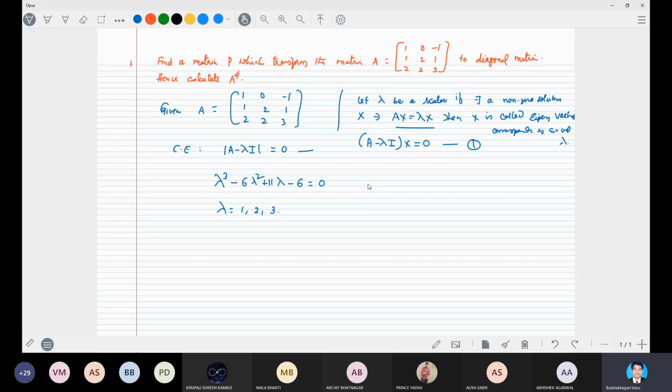This is the characteristic equation and the eigenvalues are lambda is equal to 1, 2, 3. They are distinct eigenvalues, and the corresponding eigenvectors.